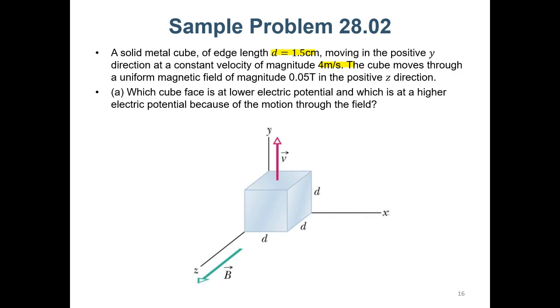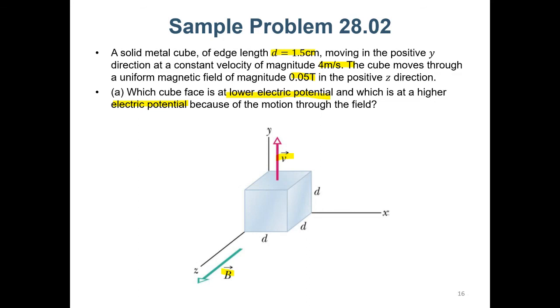The cube moves through a uniform magnetic field of magnitude 0.05 Tesla in the positive z direction. So this is V, this is B. Which face is at lower electric potential, and which is at higher electric potential? They should be on opposite sides, but we need to really define it. We need to find that out.